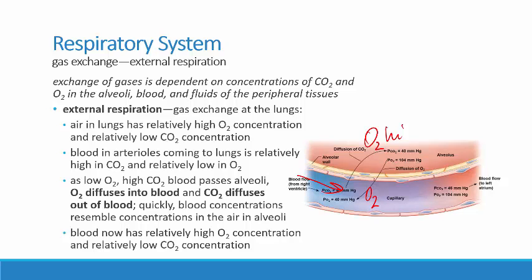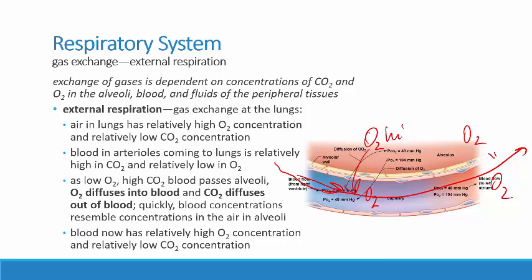And remember, arteries and veins are reversed in their oxygen concentrations here because this is where we're doing the oxygenation of the blood. Oxygen diffuses rapidly, so that by the time the blood makes it to the far side of the capillary network, the partial pressures of O2 here and O2 here are equal. So it happens very, very rapidly.